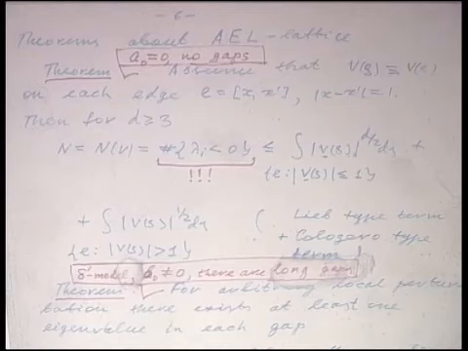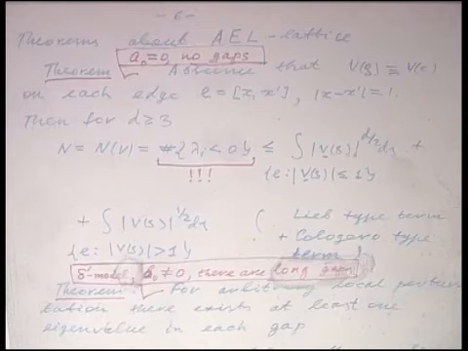And assume that we add some potential, and assume that the potential is constant on each edge. This is very natural in some applications. A piecewise constant potential. On each edge we have some constant.